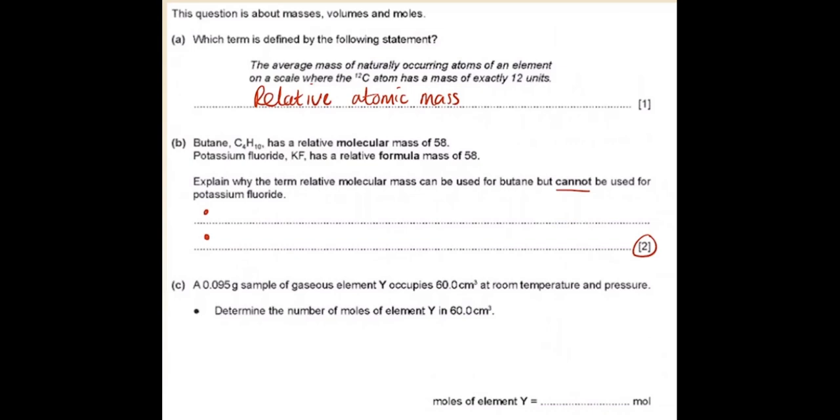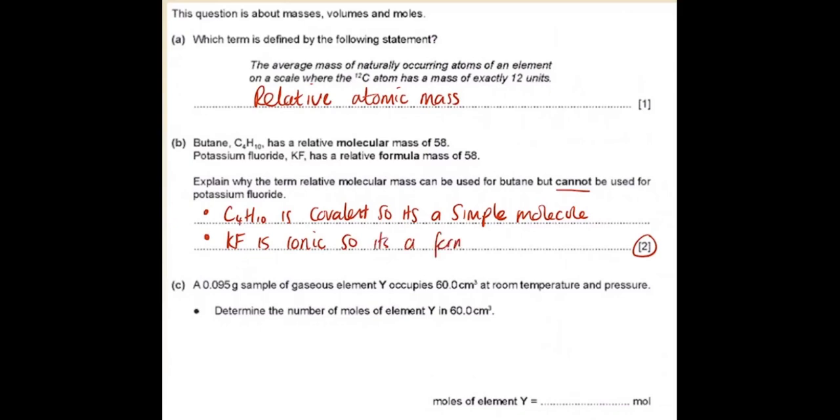You must talk about both butane and potassium fluoride. C4H10 is covalent, so it's a simple molecule, but KF is ionic. So it's a formula mass because it's a giant ionic lattice, hence a formula mass and not a molecular mass.